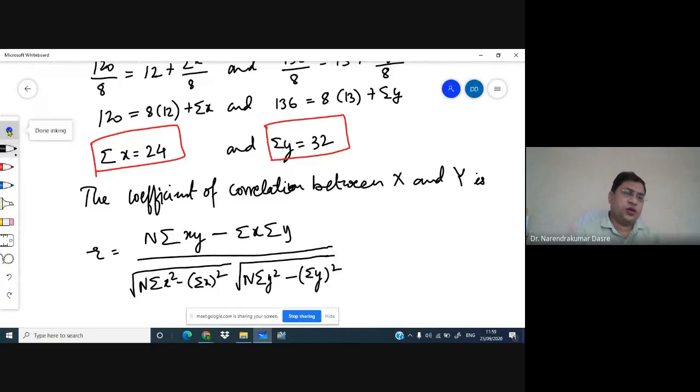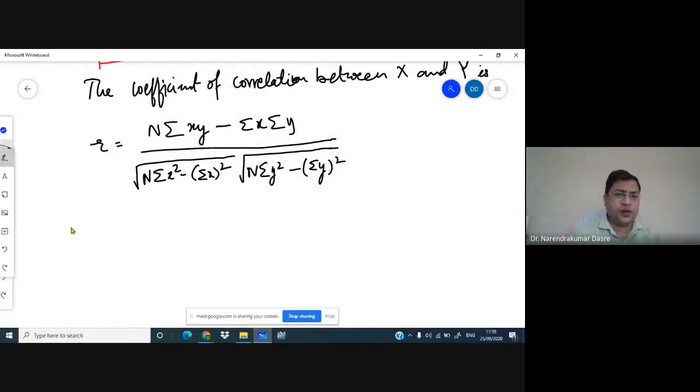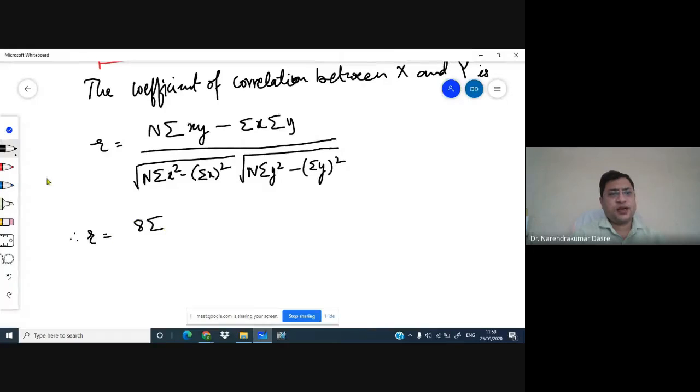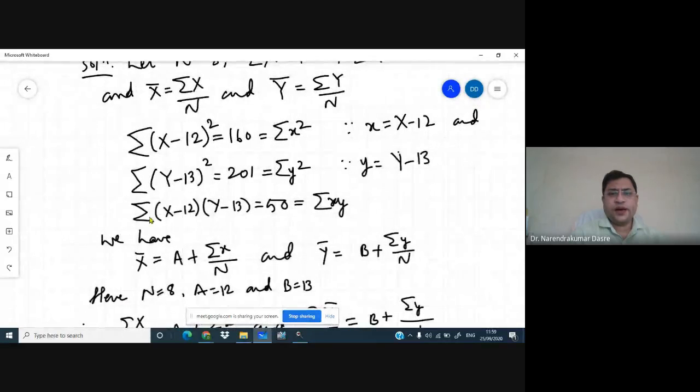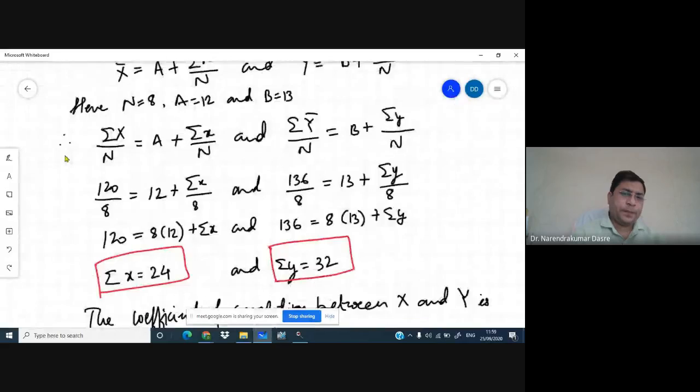Okay, so we got all the values here, and hence we'll use those values. So r is equal to 8 times summation xy. Let us see what is the value of summation xy. It is going to be 50.